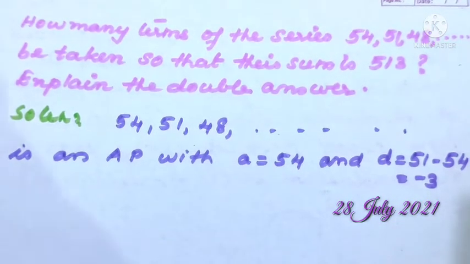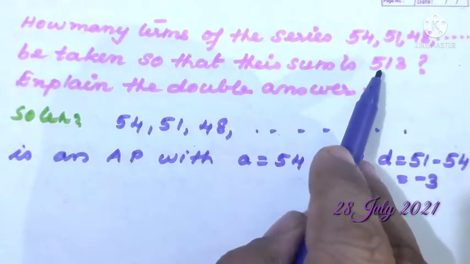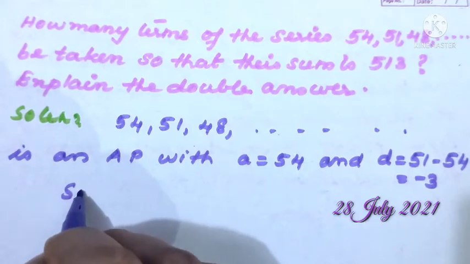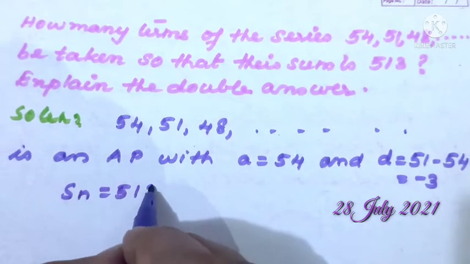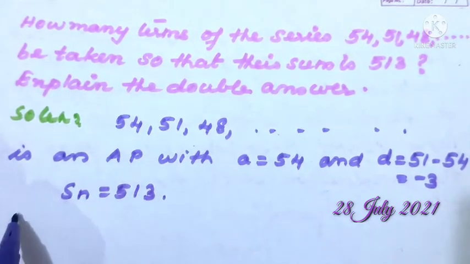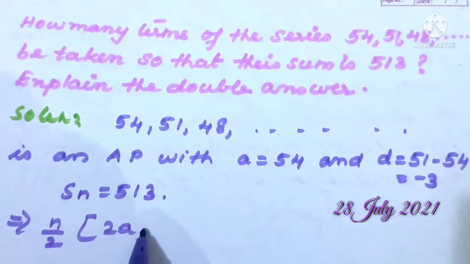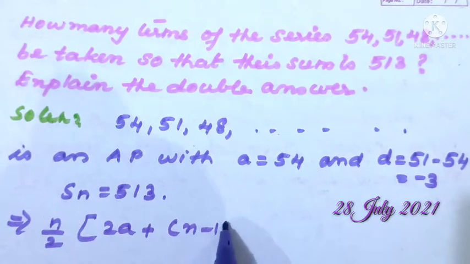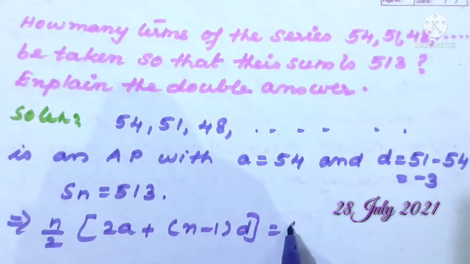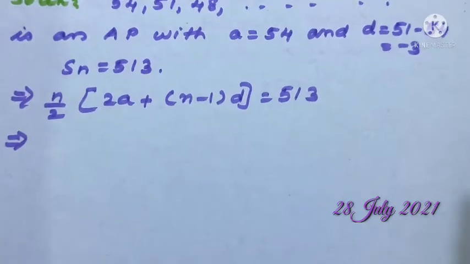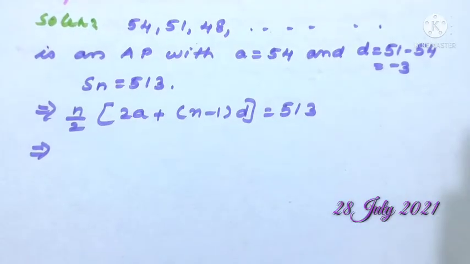Now it is given that the sum is 513. That means Sn equal to 513, which implies n by 2 bracket 2a plus n minus 1 into d equal to 513. How many terms is the question?